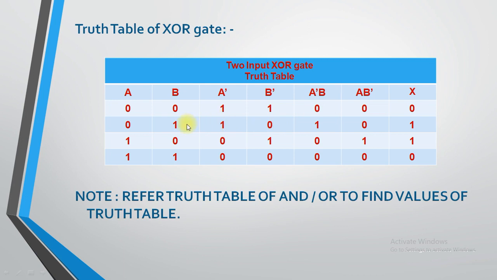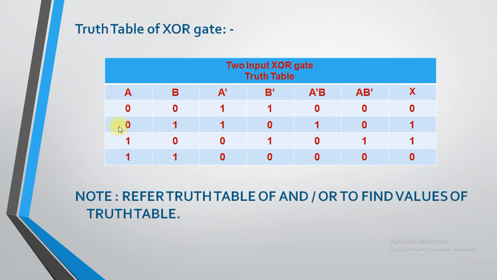1, 1 combination will return 1 in the AND gate, 0, 0 combination will return 0, and 0, 1 combination will return 0. In that way, similarly, you can find out AB dash. Now you need to consider the column of A and the column of B dash.